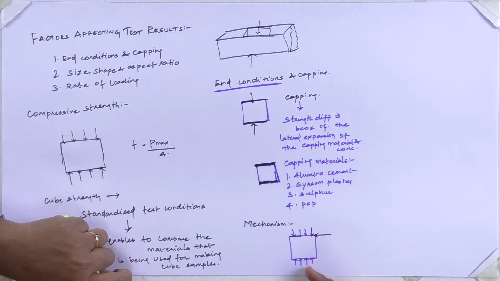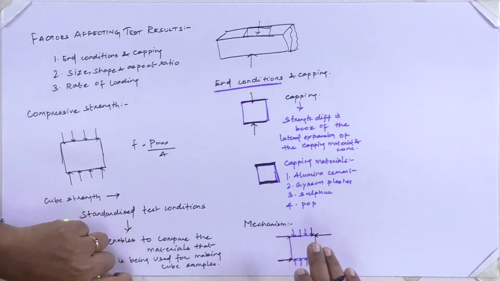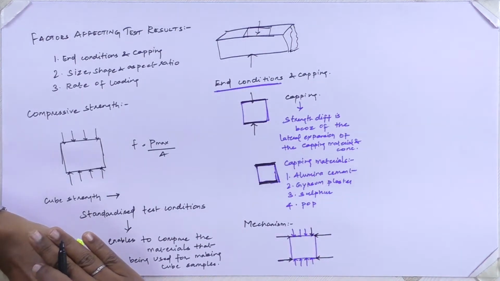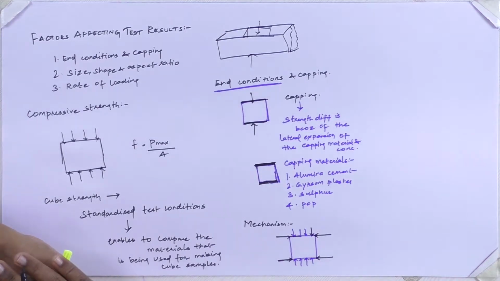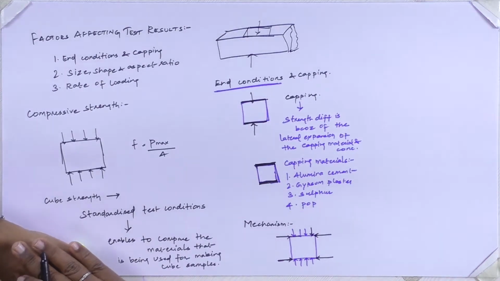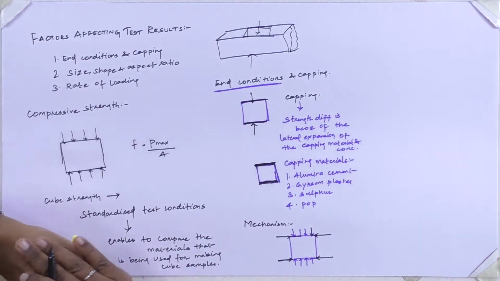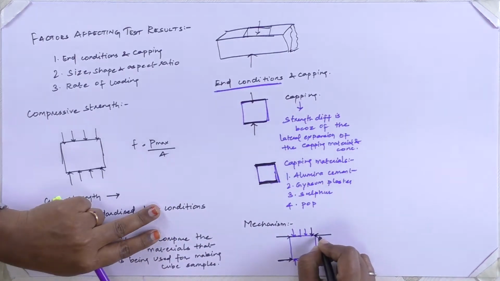Likewise, the bottommost surface and the platen will be in contact with each other, and there arises another frictional force. Likewise, here and here. So there arises a frictional force where the steel platens and the concrete both come in contact with each other.